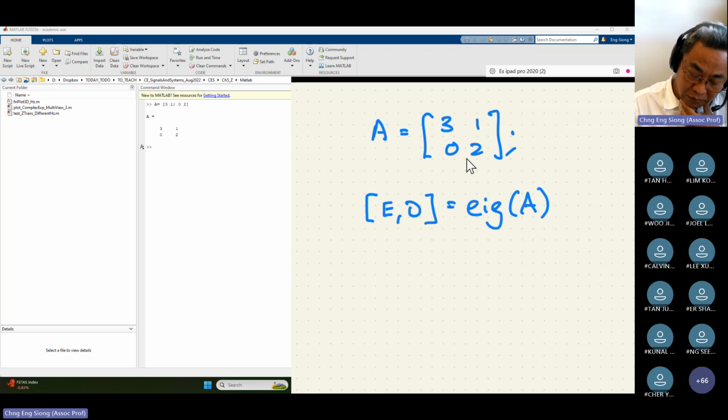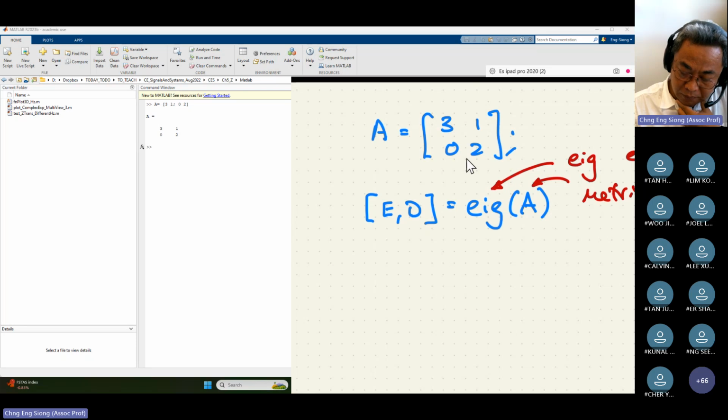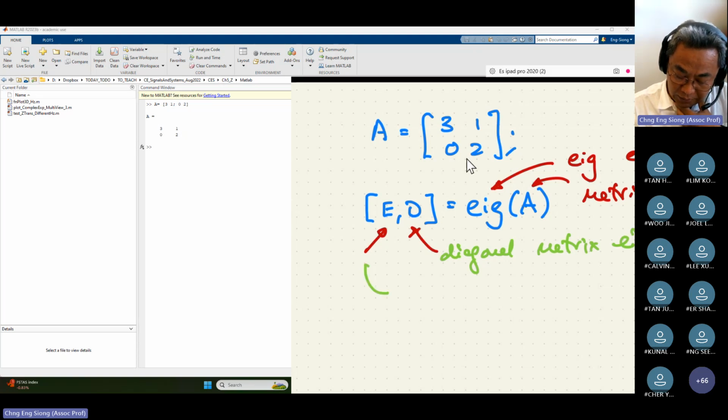All right, so the command EIG is eigen decomposition. The input is a square matrix, and the output is two things. This is the diagonal matrix containing the eigenvalues, and this is the corresponding eigenvectors.